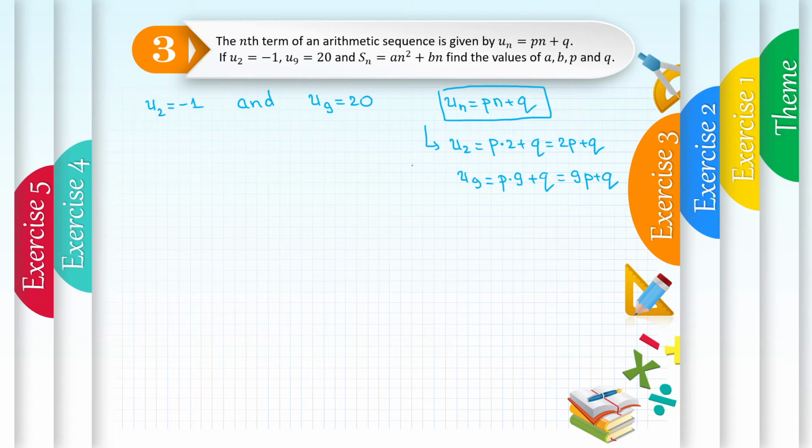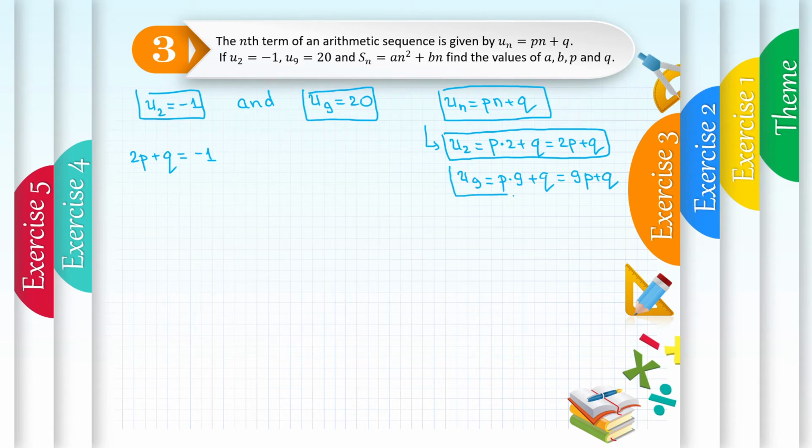So from the condition we had that u sub 2 is equal to minus 1, from the nth term we obtained that u sub 2 is equal to 2p plus q, so we obtained that 2p plus q must be equal to minus 1. Because u sub 9 is equal to 20, and at the same time u sub 9 is equal to 9p plus q, we obtain that 9p plus q must be equal to 20.